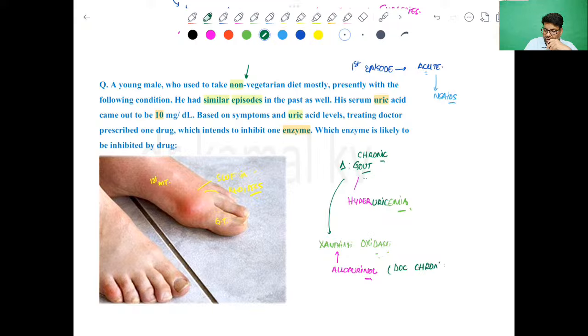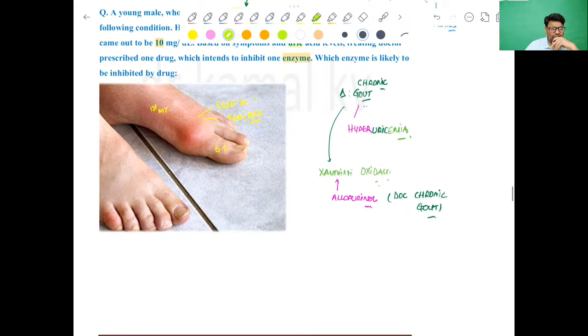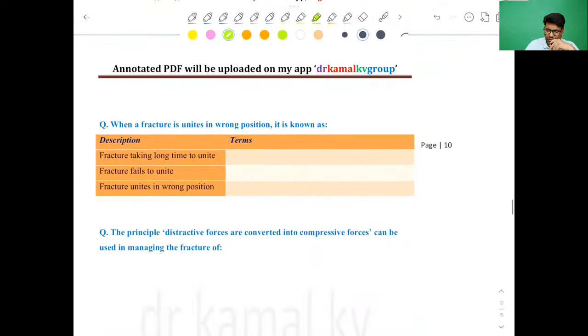Clear? If there are recurrent episodes, we can give allopurinol, which will inhibit xanthine oxidase, and therefore there will be less production of uric acid. Clear? So this is a biochemistry-integrated, pharmacology-integrated orthopedic case. Classical gout. Then the next question.